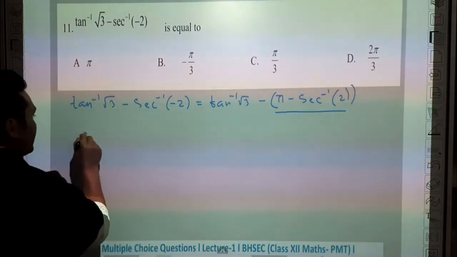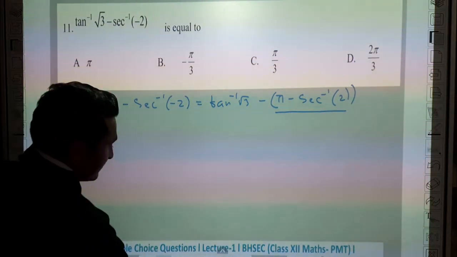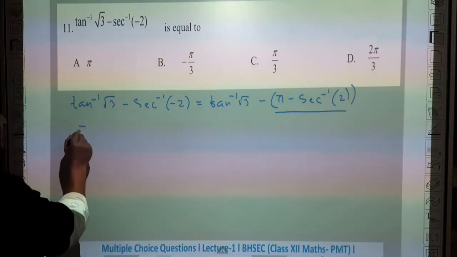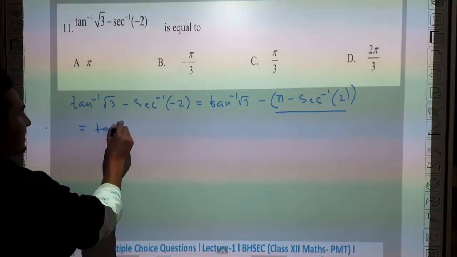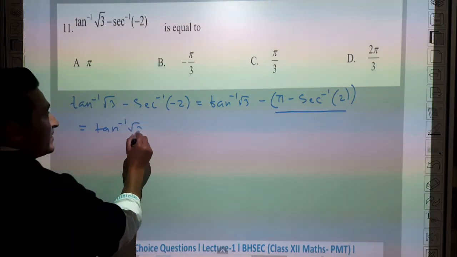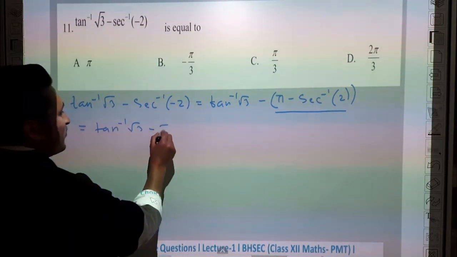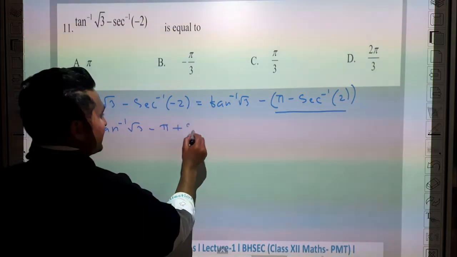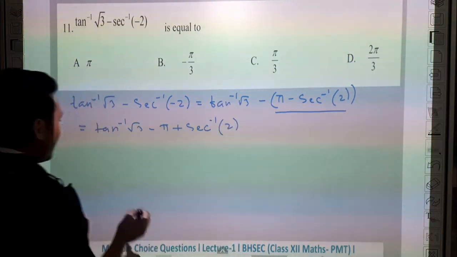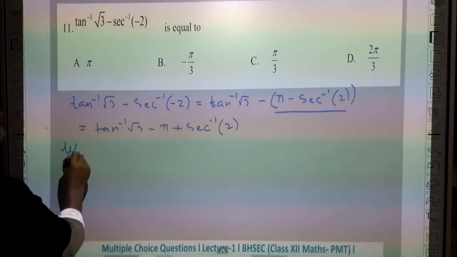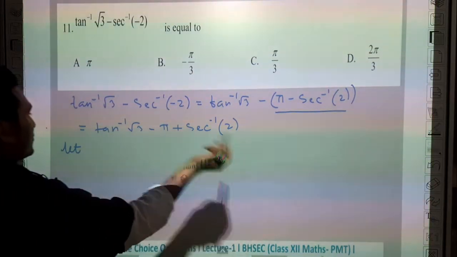Now this is equal to tan inverse root 3 minus pi plus secant inverse 2, right? Now let's say we want to change this secant to tan, okay?